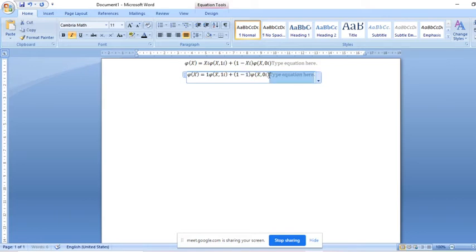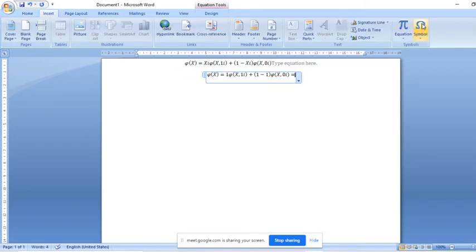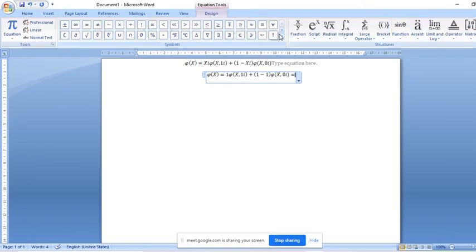So the result will be just phi of x comma 1i when xi equal to 1.